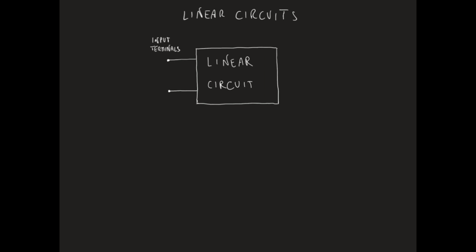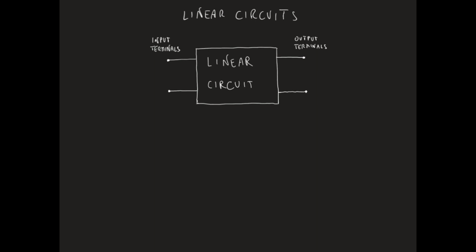We will represent the linear circuit here as a black box containing a set of electronic components connected together to form a circuit with some well-defined characteristics. From this box, we can extract a pair of terminals, which we will call input terminals, and a second pair of terminals, which we will call output terminals.